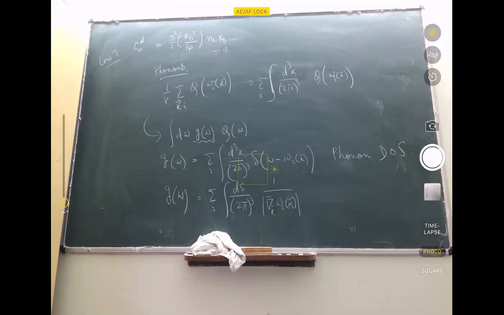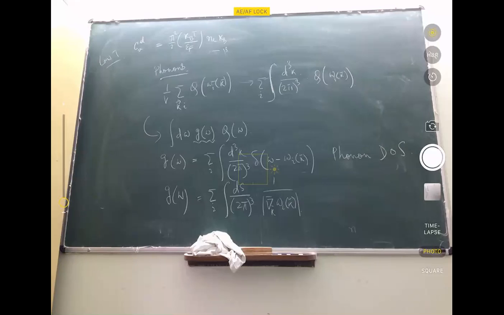So I ask you to look up a plot of the phonon density of states for aluminum, I think, given in Ashcroft's book. There are other examples given in Marder's book, so you can look those up. But the concepts are the same, so I don't think I need to elaborate anymore.